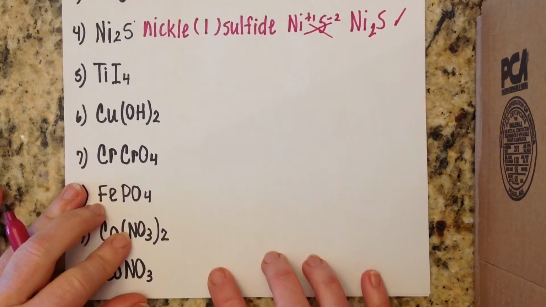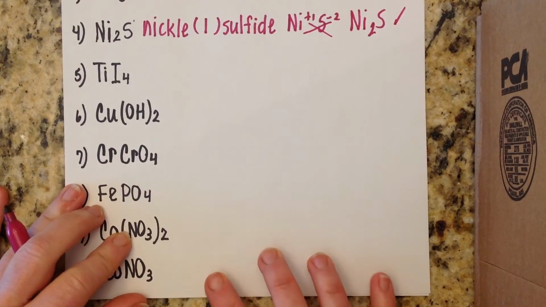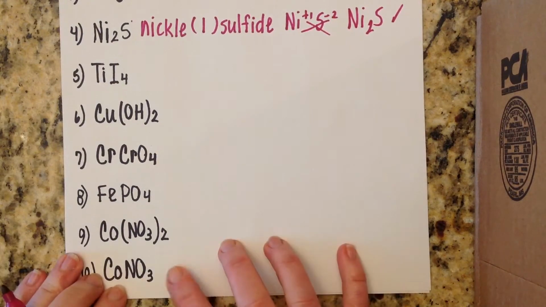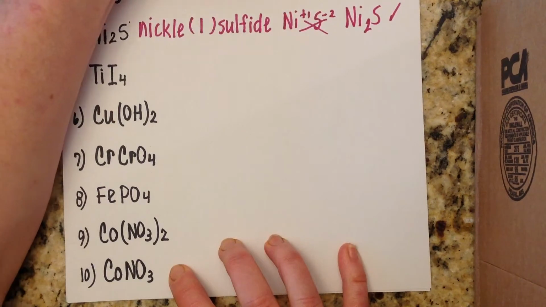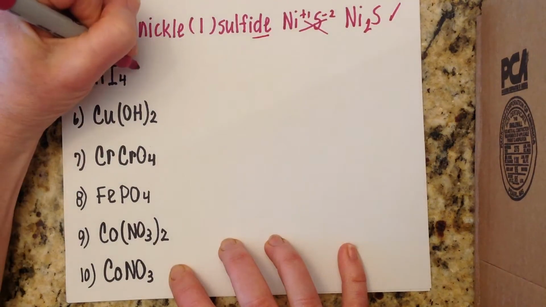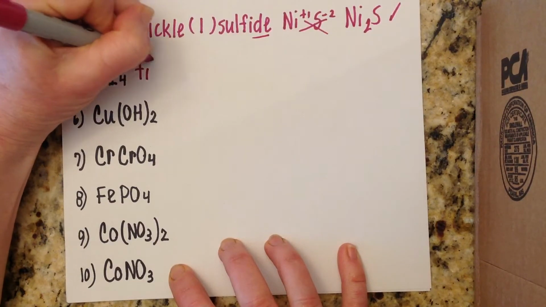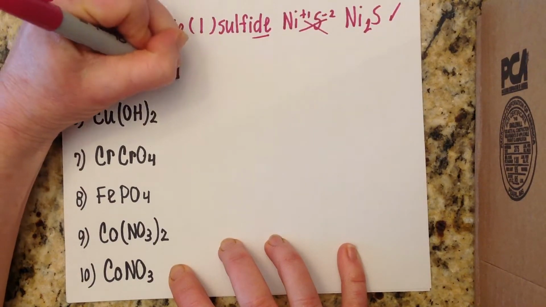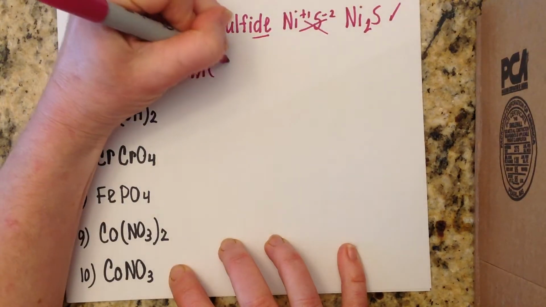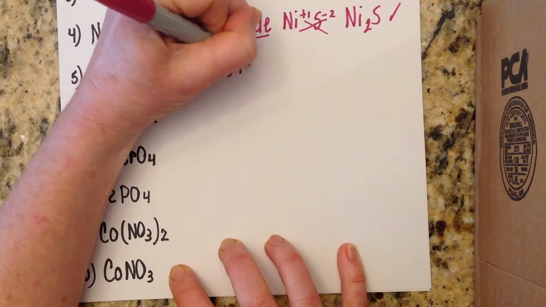All right, number 5. Ti is titanium. I is going to be iodide, and again, I'm sure you noticed, but I'm going to point it out. They are all ending in -ide. So let's write titanium, something, iodide.